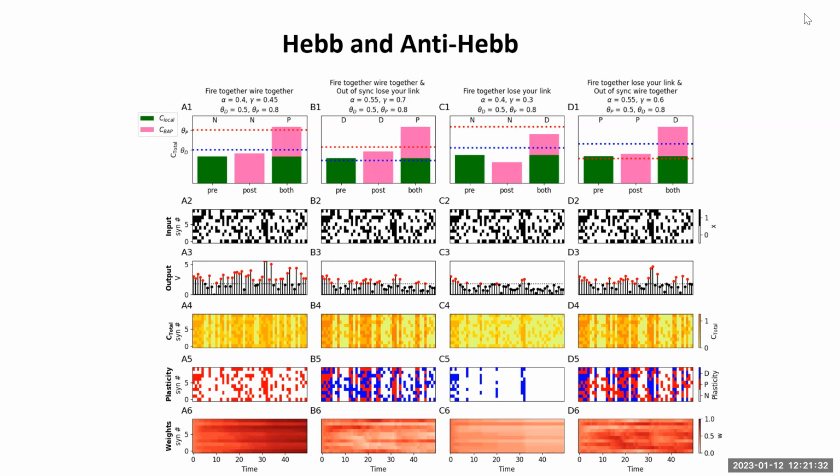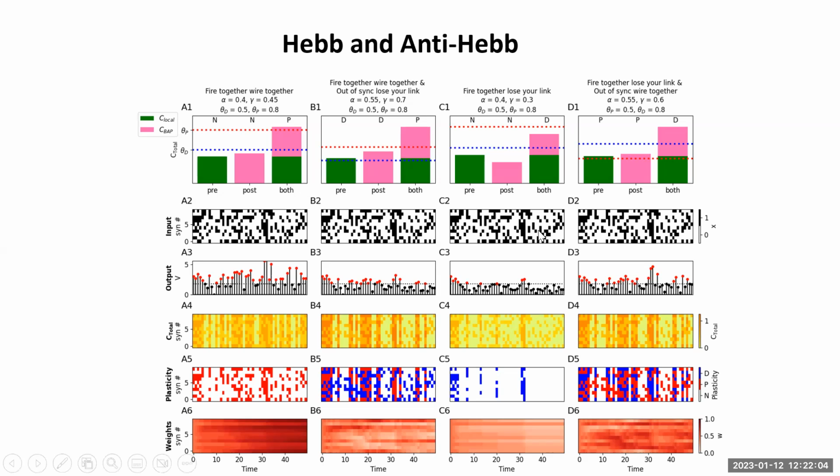And depending on how many inputs are in the pattern, just randomly, sometimes the neuron will spike and sometimes not spike. So there's the standard basic version of the Hebb rule, which is fire together, wire together, which means if you have a presynaptic input and a postsynaptic spike, the synapse which fired at the same time as a postsynaptic spike will potentiate. So in this version, there's no depression.